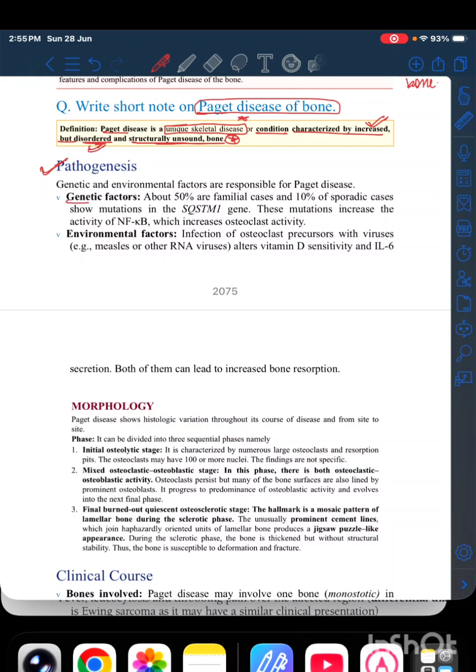Pathogenesis: there are genetic factors and environmental factors. 50% are familial cases, 10% of sporadic cases show mutations in this gene. The gene is very important: the SQSTM1 gene. There is mutation in the SQSTM1 gene. These mutations increase the activity of NF-kappa B, which increases the osteoclast activity.